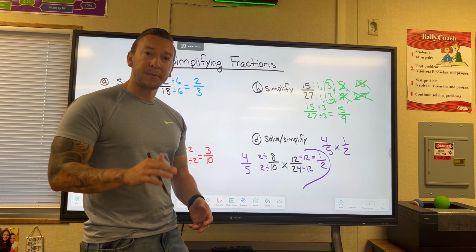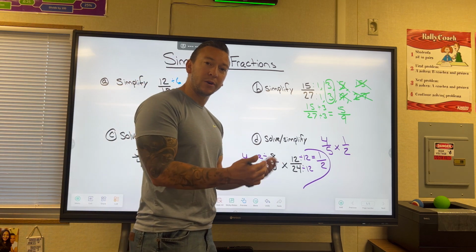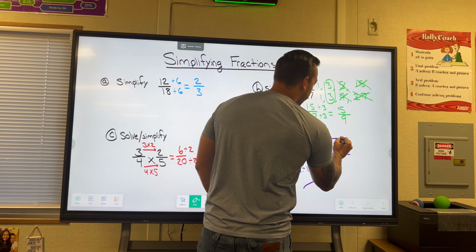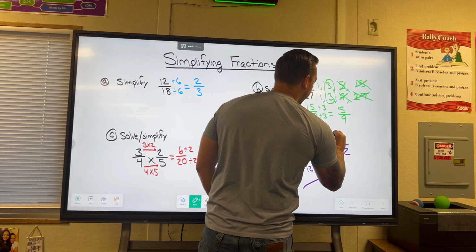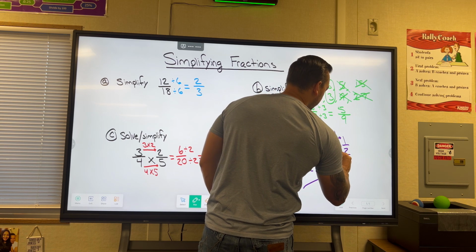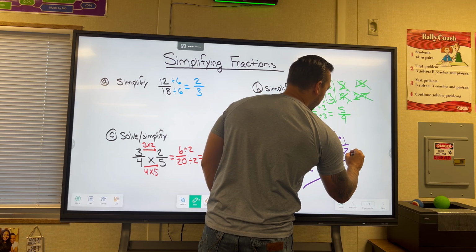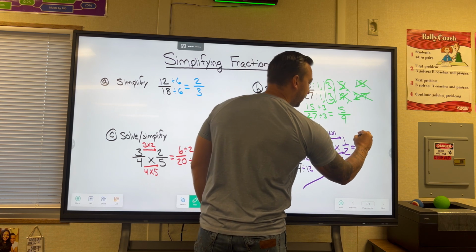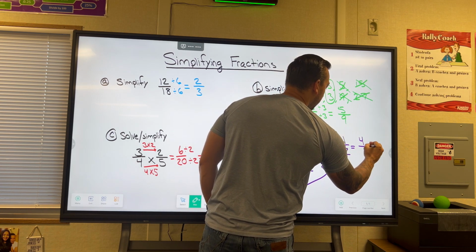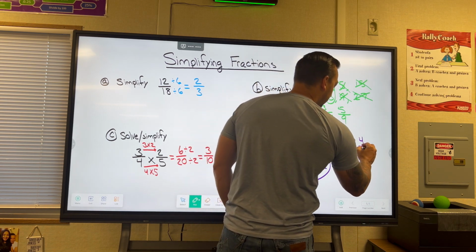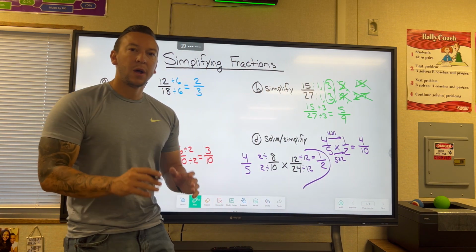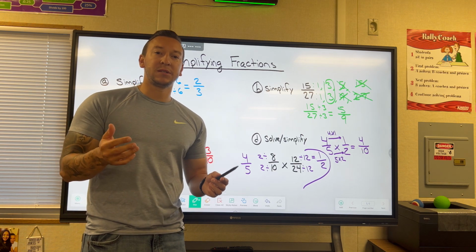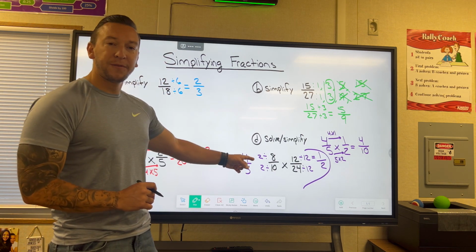I know those steps. I'm going to multiply straight across for my numerator and denominator. Multiply, multiply, 4 times 1, 5 times 2. 4 times 1 is 4, that's my new numerator. 5 times 2, that gets me 10.